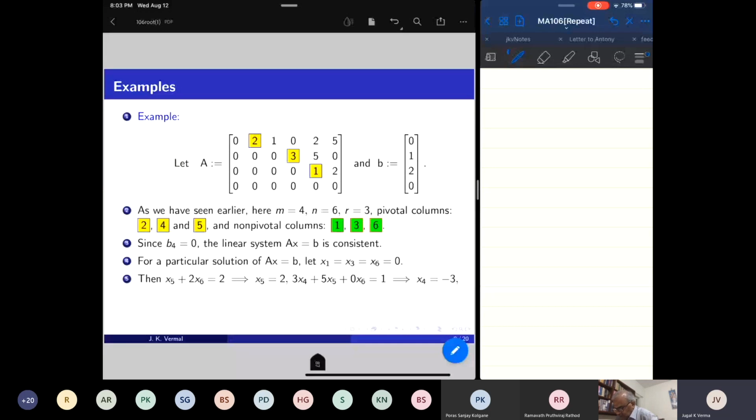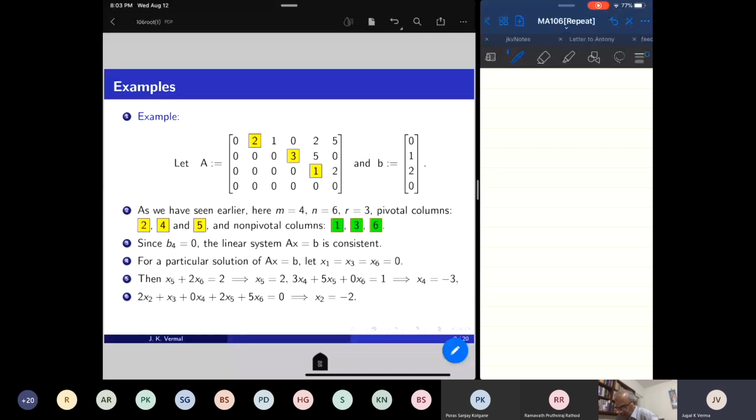So x5 is 2. The second equation is 3x4 plus 5x5 plus 0x6 equal to 1. In the second equation, I have put x6 equal to 0, and x5 we already solved, and therefore x4 can be found. So x4 turns out to be minus 3 in this case.